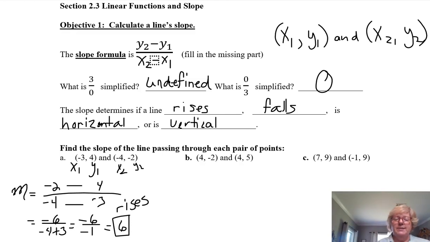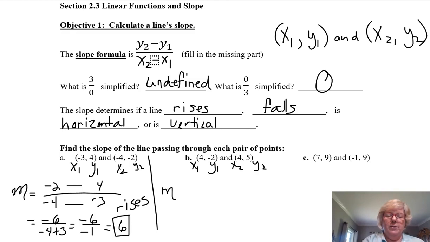Now let's do example B. I again will label my ordered pairs x1, y1, x2, y2. I will substitute it into the slope formula. Take my y2, 5, then I subtract my y1, -2.